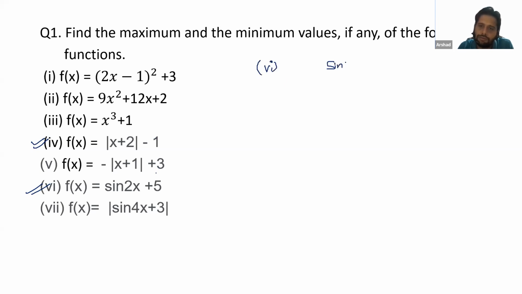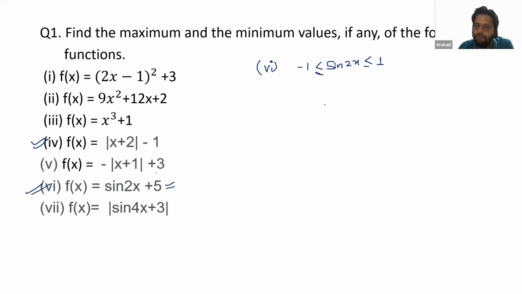Sine 2x. You know what is the maximum value of sine and what is the minimum value of sine? For the sinusoidal function, the maximum value is 1 and the minimum is minus 1. So we will write it this way: sine 2x should be greater than or equal to minus 1 and less than or equal to 1. Then change this expression as per your question.